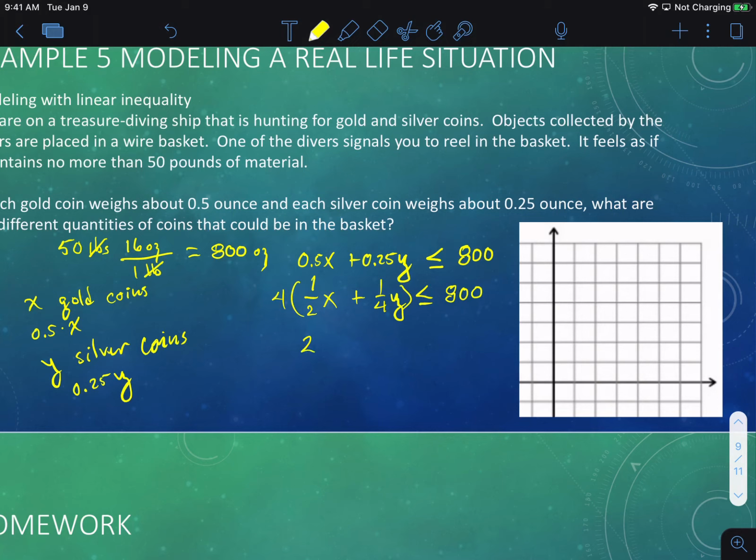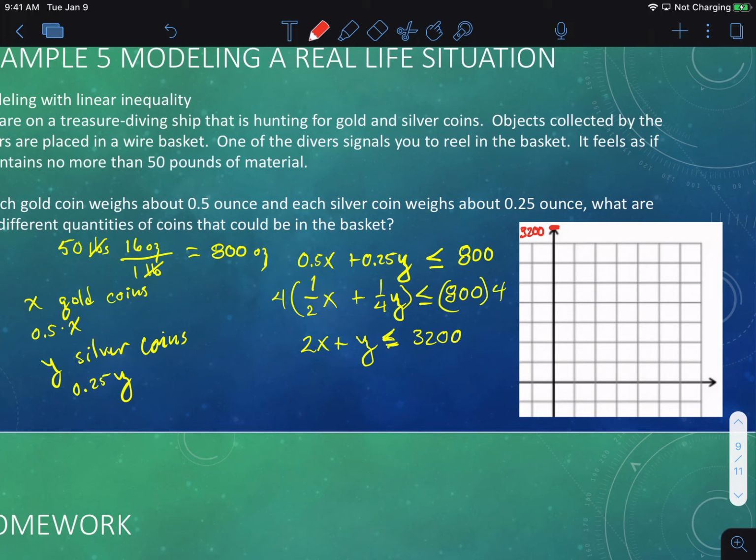We end up with 2x plus y, and we're also multiplying this side by 4, is less than or equal to 4 times 800, which is 3,200. So we're going to make this very top mark above the graph 3,200.